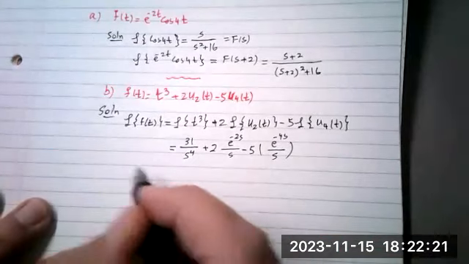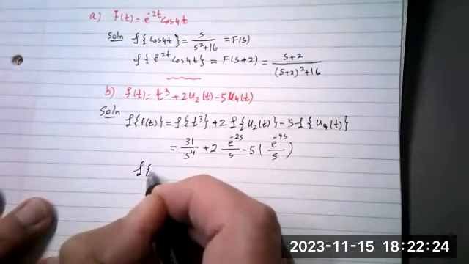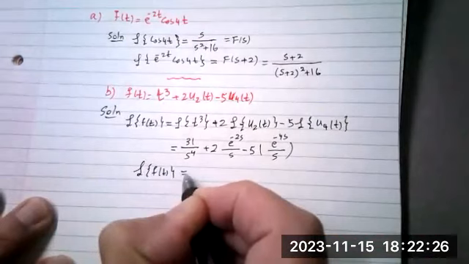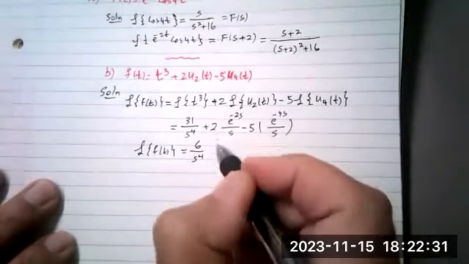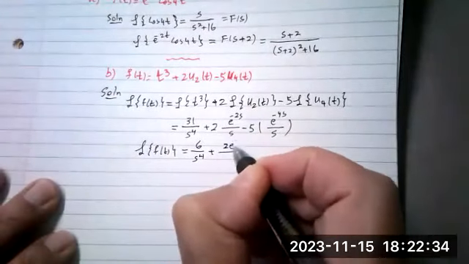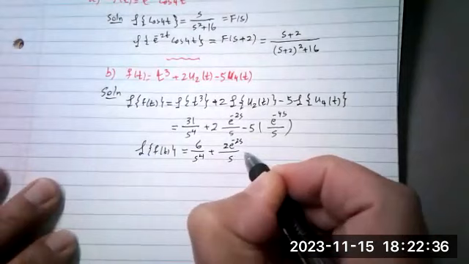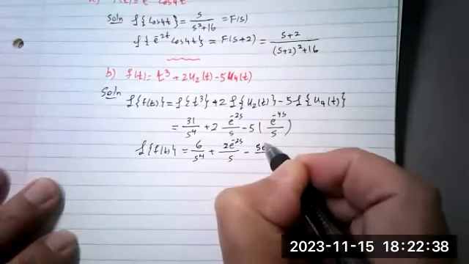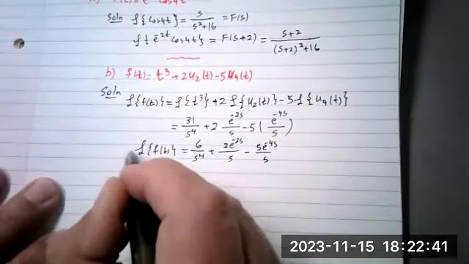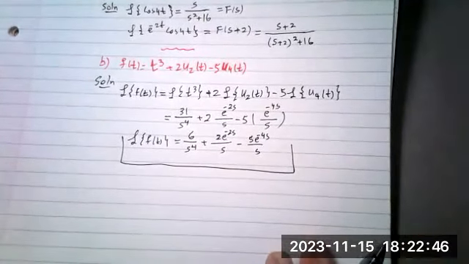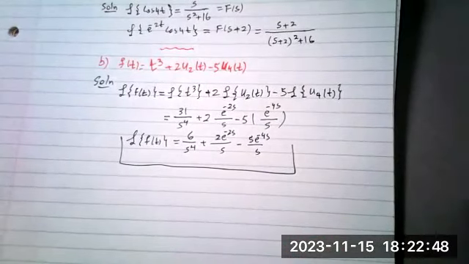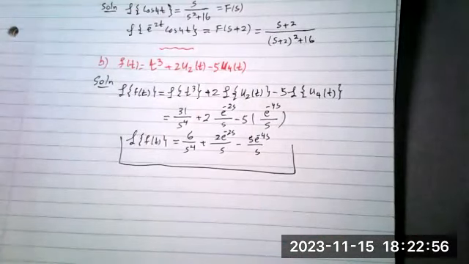Just a simplification: any operation like 3 factorial would be 6 over s to the 4. And that will give you 2e to the negative 2s over s minus 5e to the negative 4s over s, and be done. You don't need to find those common denominators yet. So that's a couple of u functions, just to remind you that you have to know that. Okay, any questions?